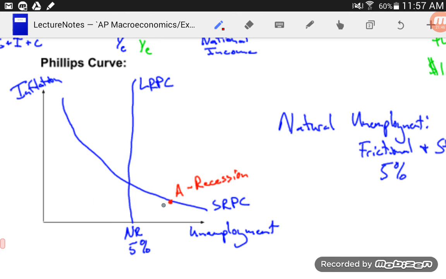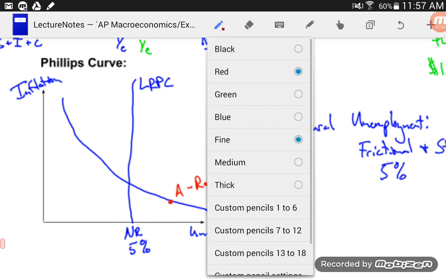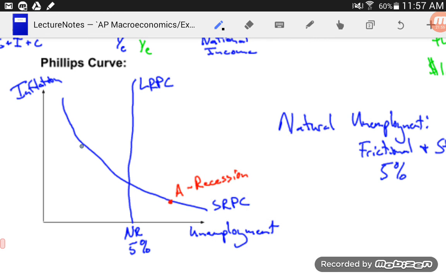In a recession, we have higher unemployment rates, and we have pretty low inflation rates. Over here, this would be point B. We'll call that our inflationary gap. At that point, we have higher inflation because we have really, really low unemployment.